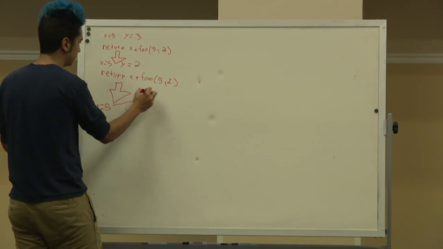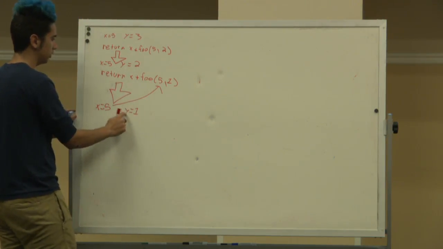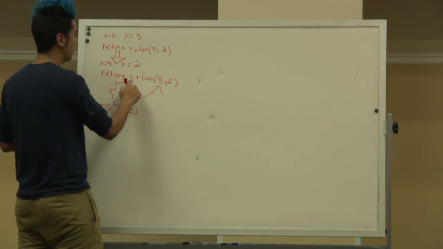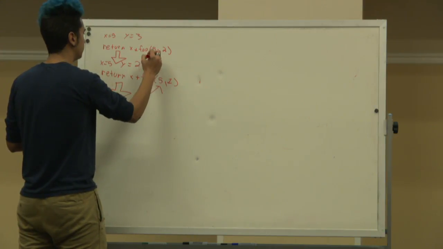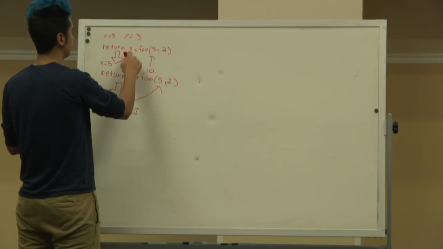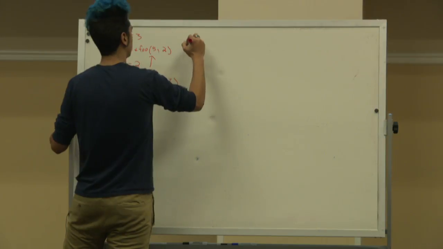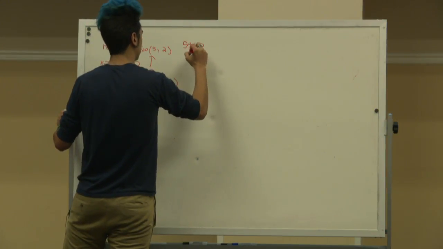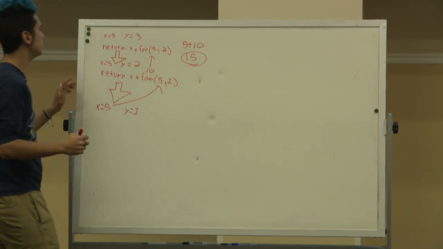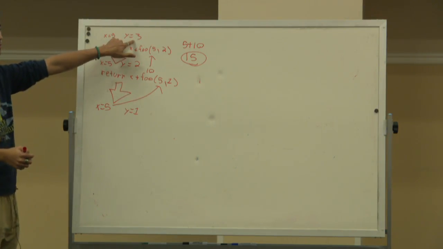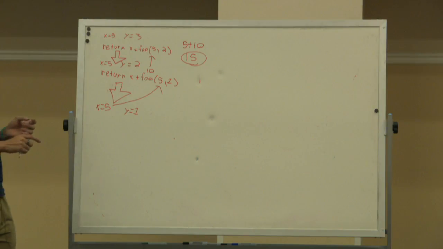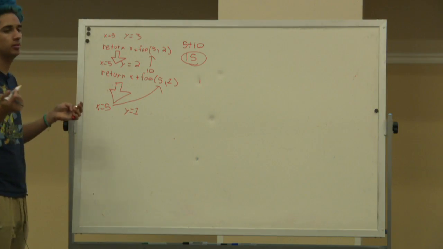So we return x to here, right? Because this was the result of this function call. So we have 5 plus 5, which is 10. And then we return this 10 to this function call. So we have 5 plus 10, which is 15. And so what this function is doing is it's just basically multiplying these two numbers, but it uses recursion and addition to do it instead of just saying x times y.